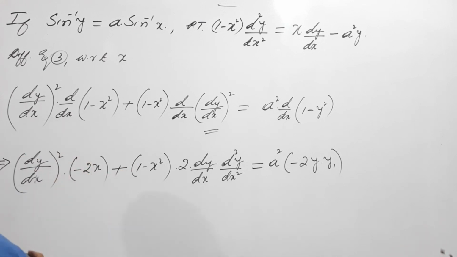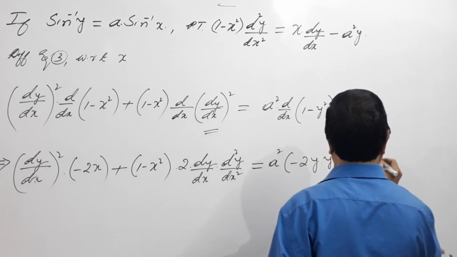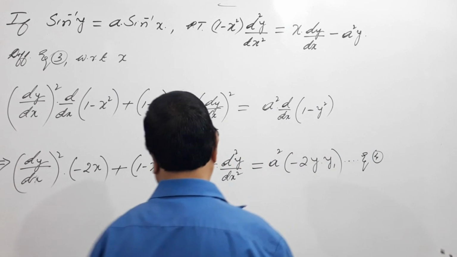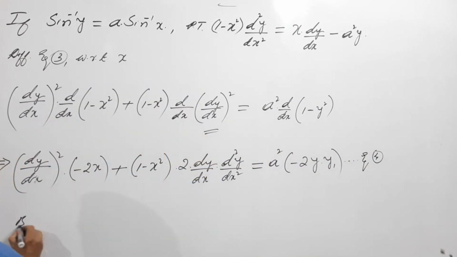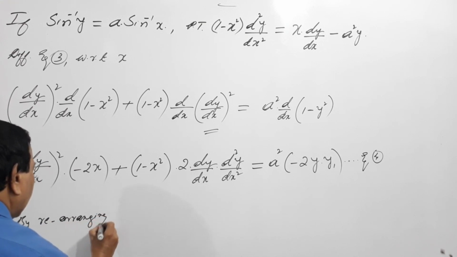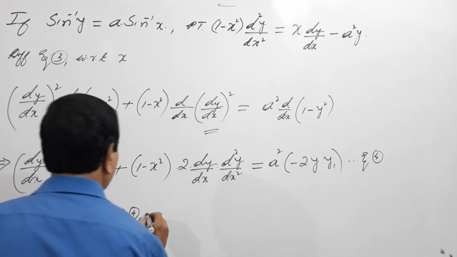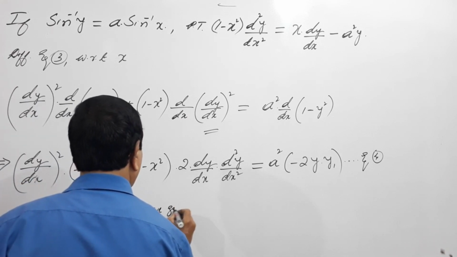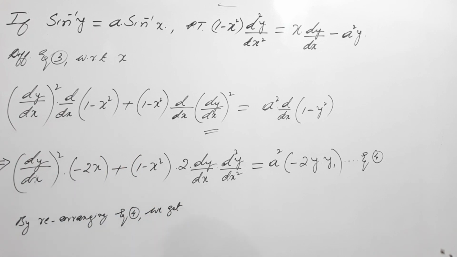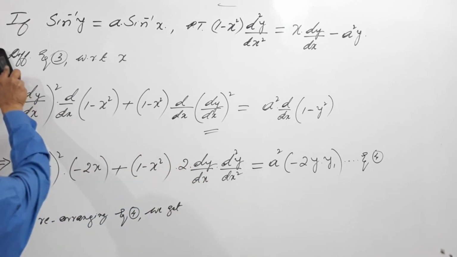By rearranging, I call this equation 4. We get, what happens? I'll write first this one and later on I'll write there.